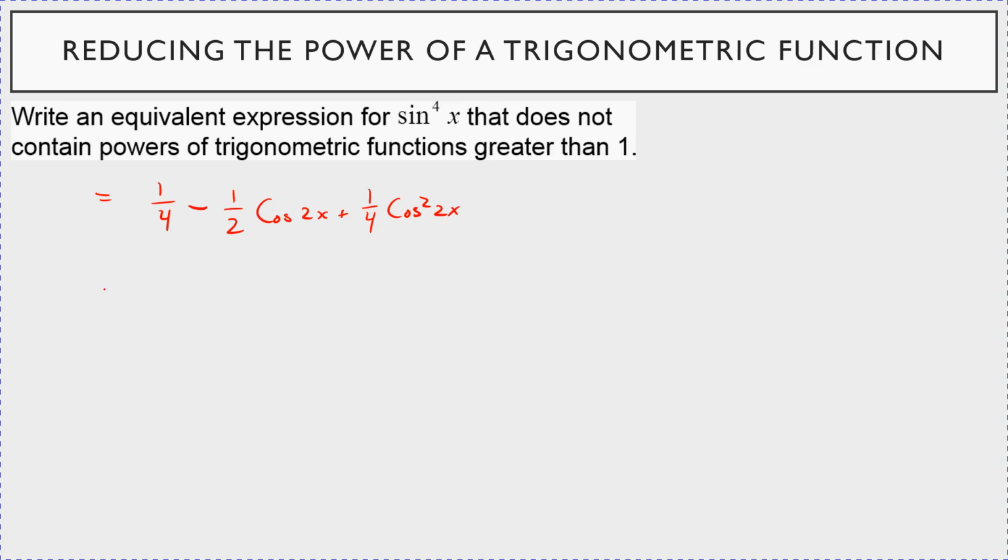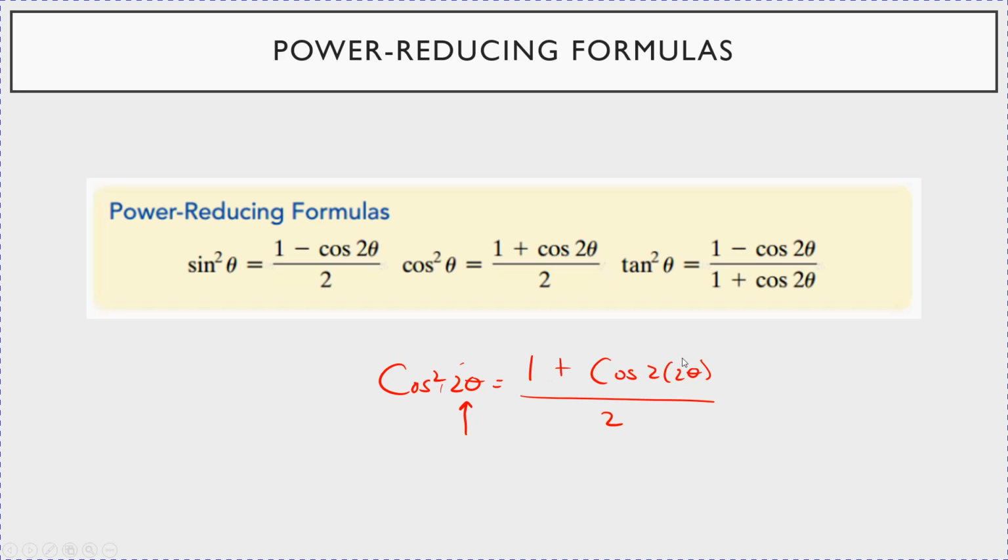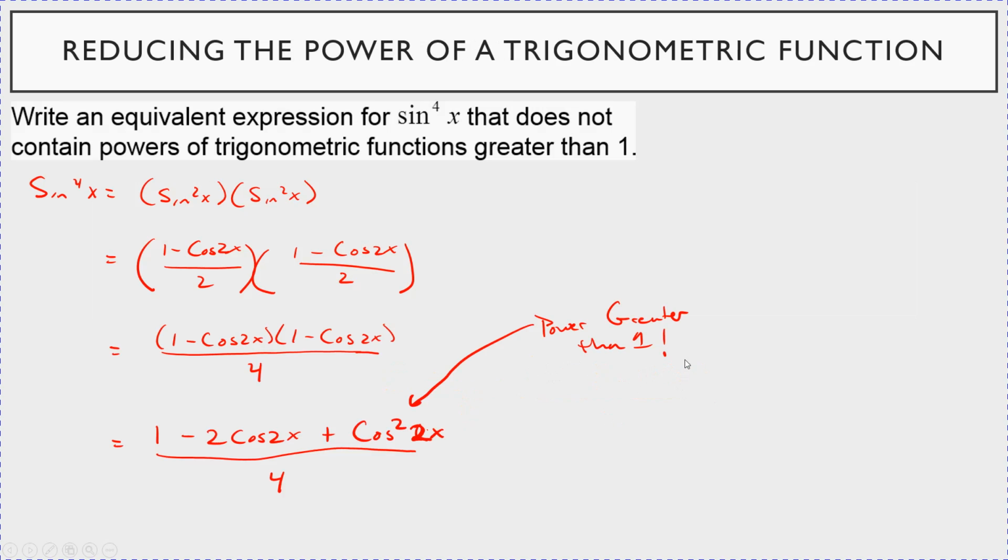Okay, so I'm going to power reduce this. This is 1/4 minus 1/2 cosine of 2x plus 1/4. And then look, I showed you what that was. It's 1 plus cosine. Now 2 times 2 theta becomes 4 theta divided by 2.